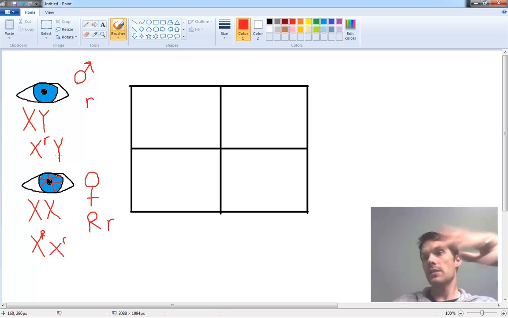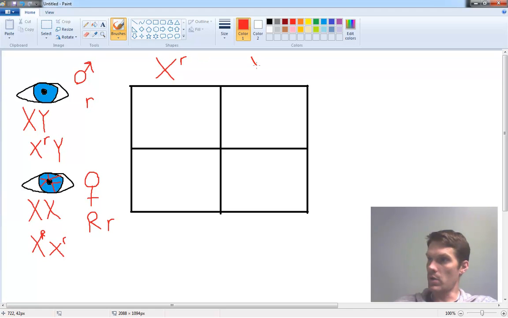Now if these two mate, we can determine the probability that their children will be colorblind by doing a Punnett square analysis. I'm going to put the male on top here, with his genotype, X little r, and then he has a Y chromosome.